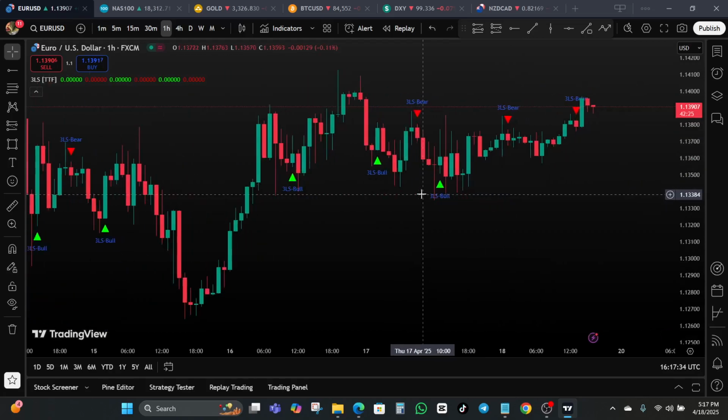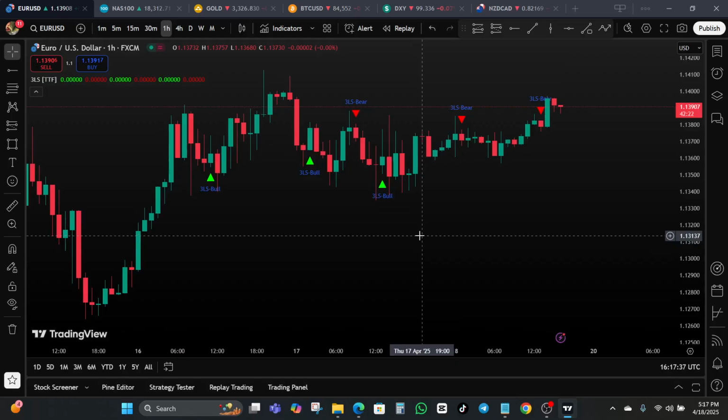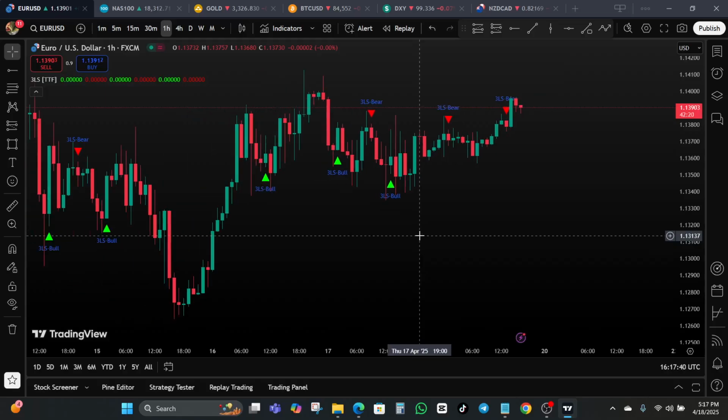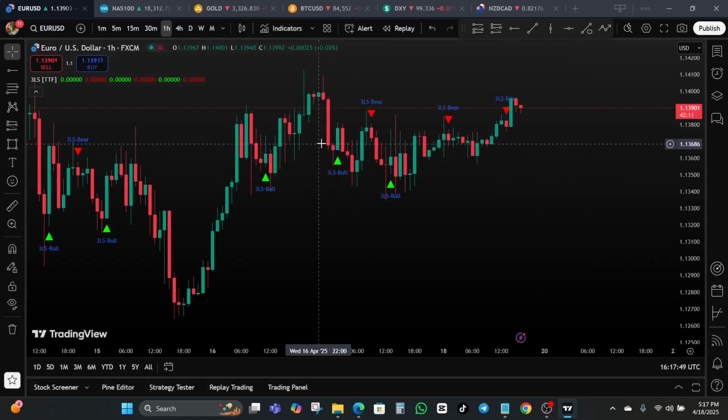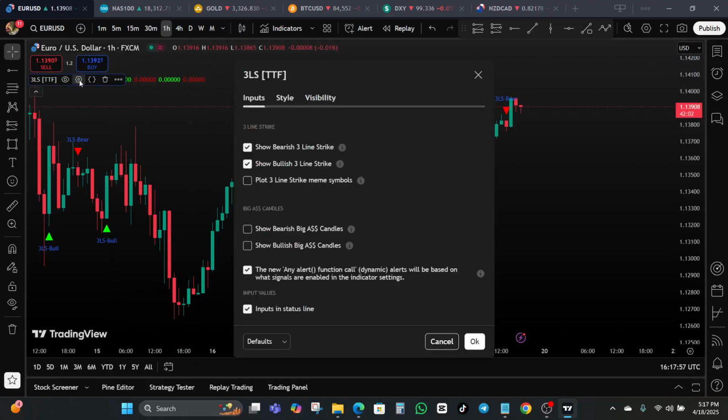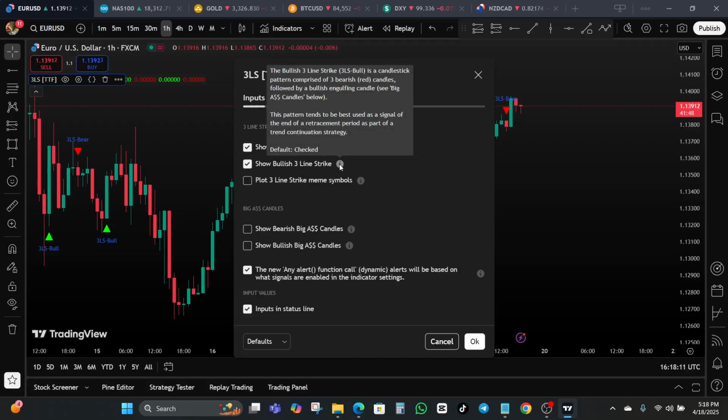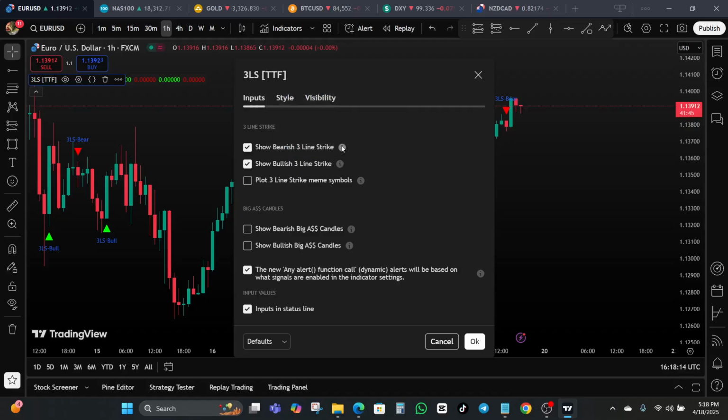Now, setting up the three-line strike indicator on TradingView is quick and easy. Just come to the indicator search box, search for the indicator, and you're going to find it, and then you add it to your chart. Once you have added it to your chart, you can modify the settings if you wish, according to your trading style, whether you want to show the bearish three-line strike, show the bullish three-line strike, and all of that.